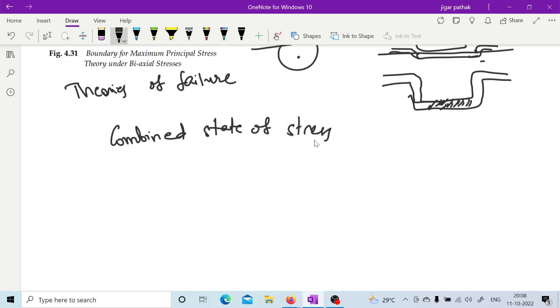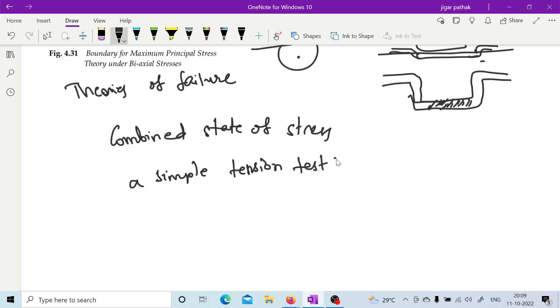So it is difficult to produce this kind of combined state of stress for each individual component and then to decide how we can keep the limit of stress for that particular material. So what we are doing is we are performing a simple tension test, as I have told earlier.